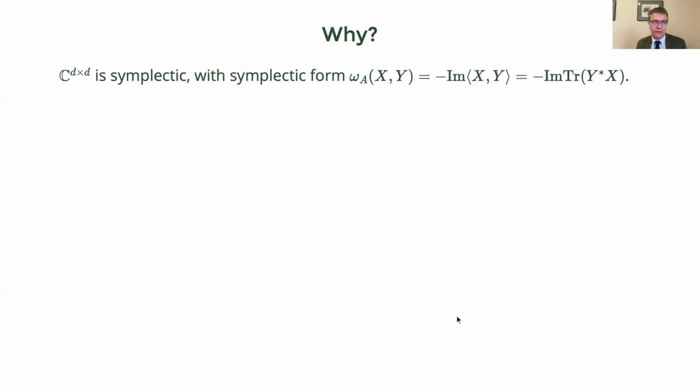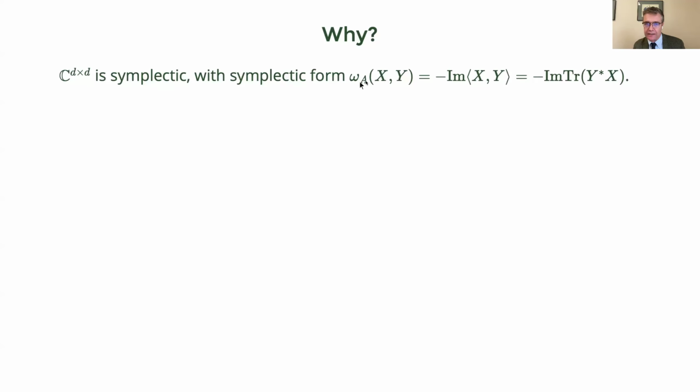The point is that the space of D by D complex matrices is going to be a symplectic manifold. And the symplectic form, in general, a symplectic form is some two form. So it's supposed to eat a pair of tangent vectors and spit out a number in some alternating way. And this is how it is.